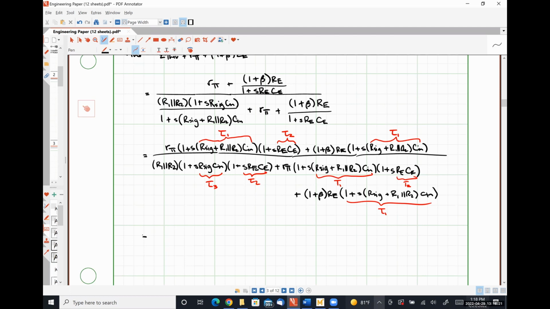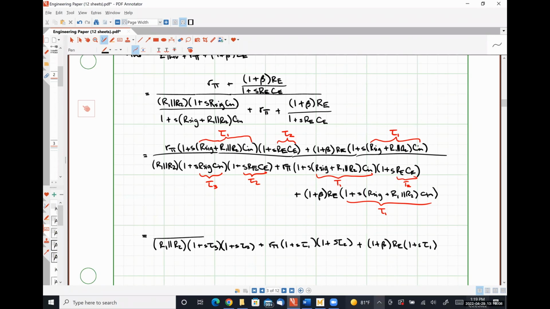From here, I have in my denominator R1 in parallel with R2 times 1 plus S tau 3, 1 plus S tau 2, plus R pi times 1 plus S tau 1 times 1 plus S tau 2, plus 1 plus beta RE times 1 plus S tau 1.